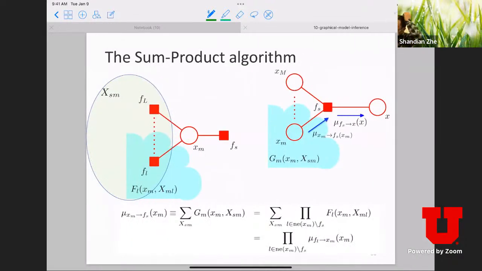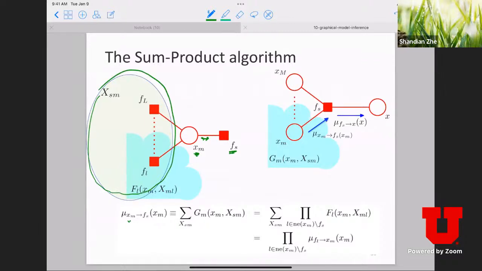So if you look at this particular variable xm, we want to calculate its message sent from xm to f of s. Remember, the immediate children of xm again become factors. They cannot be variables because this is a bipartite graph. Our message sent from xm to f of s is essentially to marginalize the factor product inside this subtree.